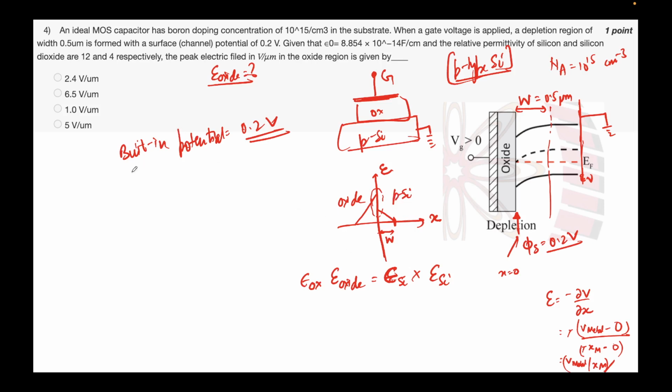It's a right angle triangle. It will be half times E silicon. This value that I have been referring to as E silicon, let me use a different color, just a second.